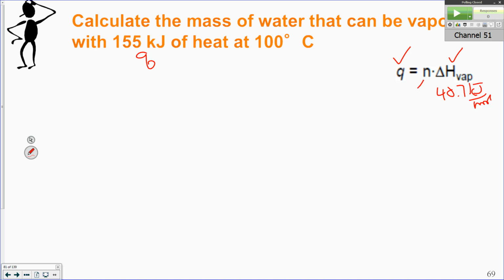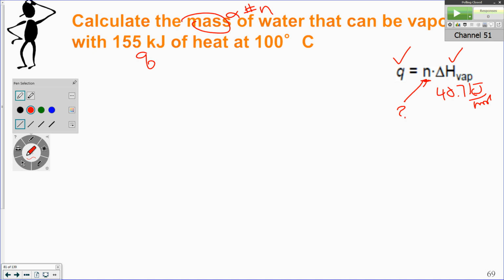Now we want to solve for the number of moles and take that into mass. The key to working this problem is realizing that the mass is directly proportional to the number of moles. So we have to solve for the number of moles, then convert it into mass. So let's do exactly that.